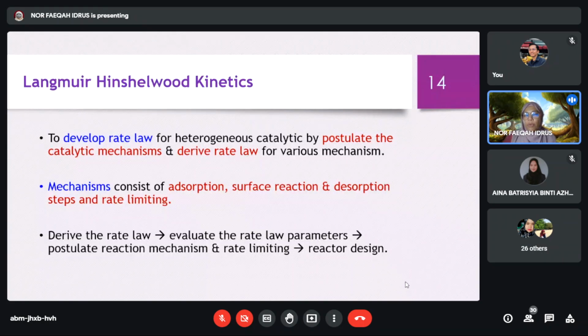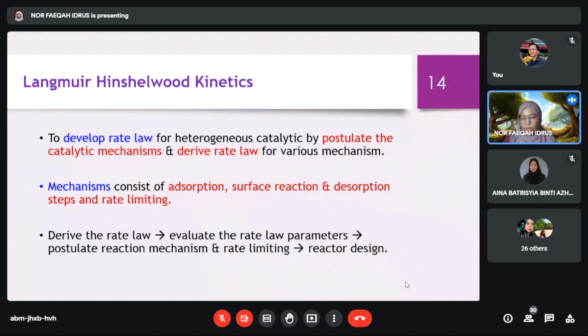Okay, and then when we have the mechanism of reaction, we need to derive the rate law equation. So basically, you need to make an assumption. You have the reaction between this reactant and this catalyst, and the reaction occurs heterogeneously in the catalytic reactor and forms the product.